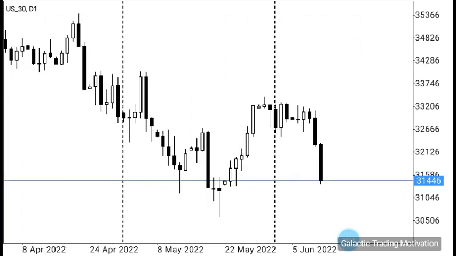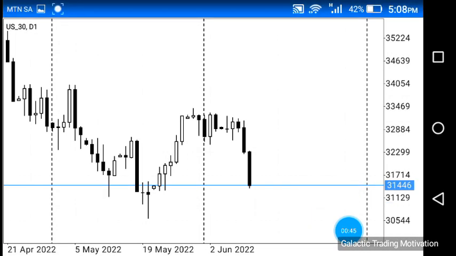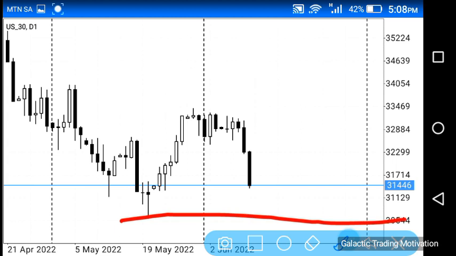So as you guys can see, I have the daily chart open. And in my previous video, I spoke about this area over here, and I said that it's a very important area, and it's important because of this candlestick over here, which is a bearish candlestick with a small body and a long lower wick.